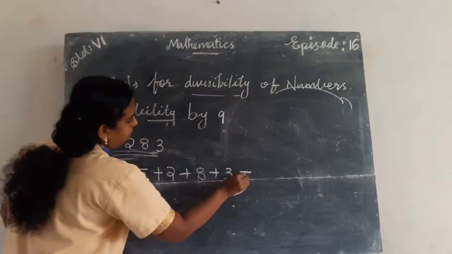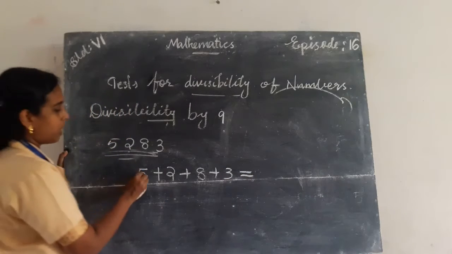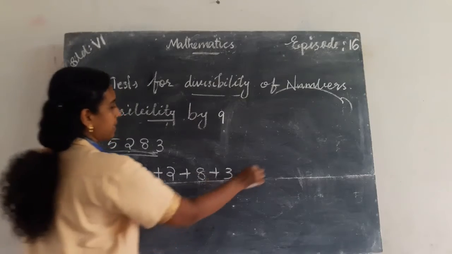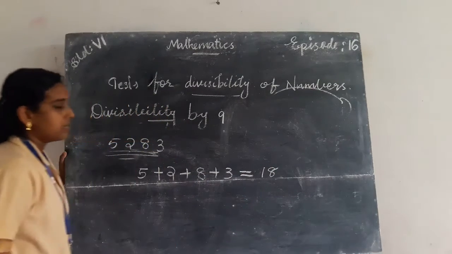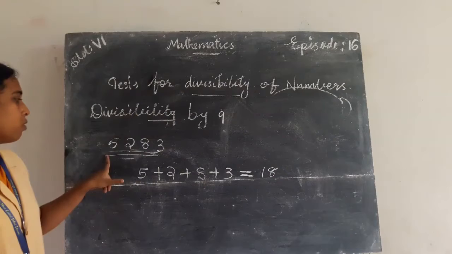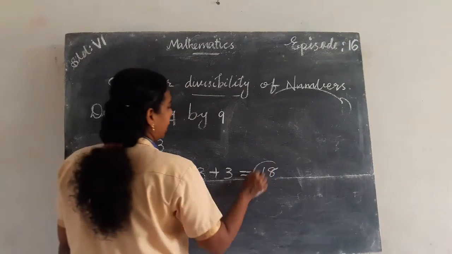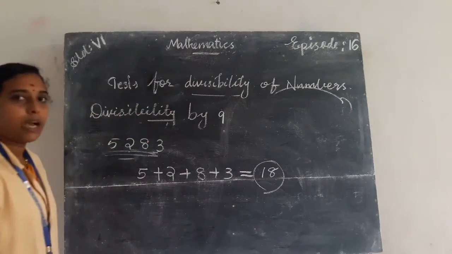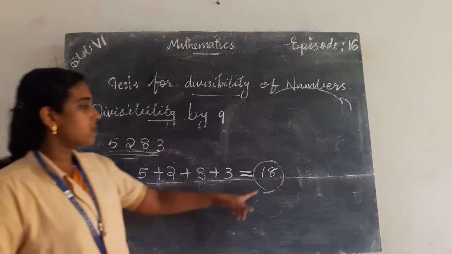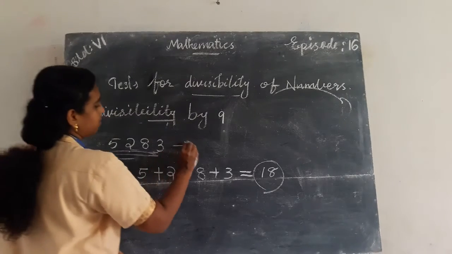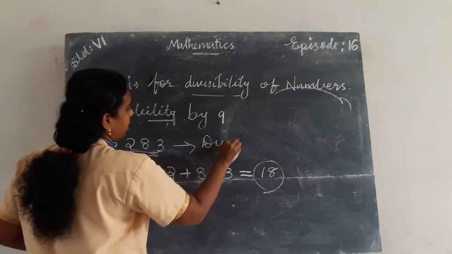Adding these digits we get 5 plus 2, 7, 7 plus 3, 10, 10 plus 8, 18. So we get the sum of the digits as 18. 18 is also divisible by 9, or 18 is also a multiple of 9. Then we can say that this number is also divisible by 9.